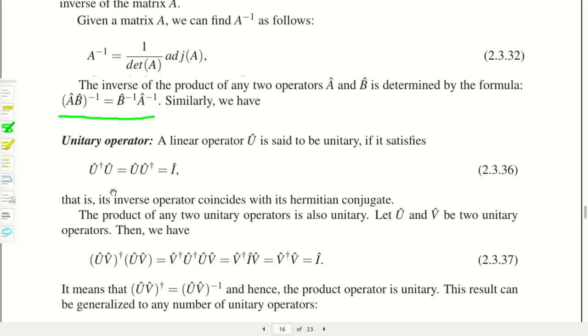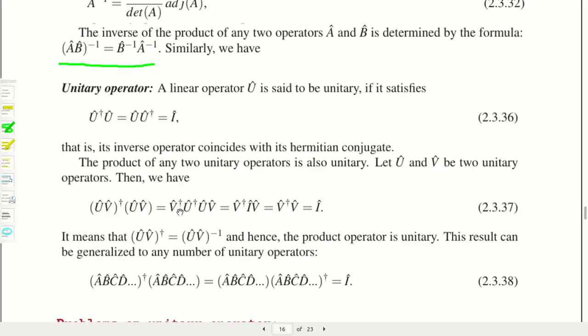So U inverse is equal to U dagger, for the unitary operators.